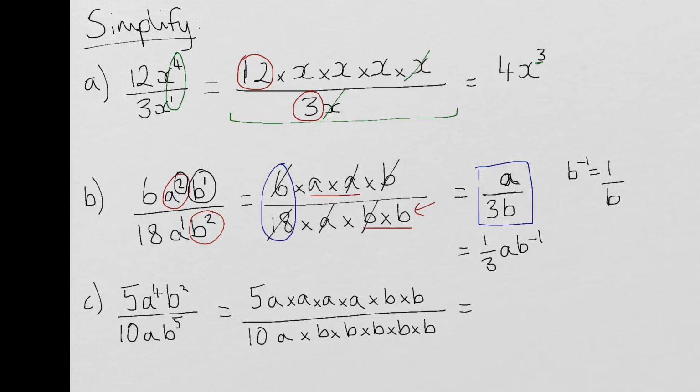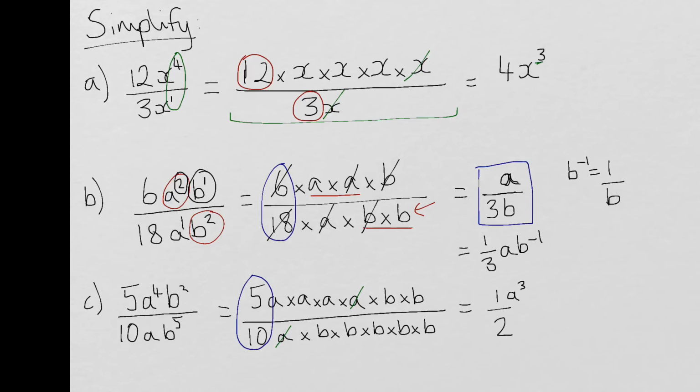Let's start off with our numbers then. If I have a look at 5 and 10, they will cancel down to give me 1 over 2. So that's a half. If I have a look at the a's, they're going to cancel out there. So I'm left with a to the power of 3 in my numerator.